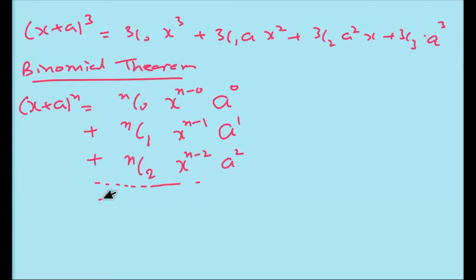Now we can write a general term, plus ncr x to the power n minus r a to the power r, and the last term is ncn x to the power n minus n, which means 0. Here you can see the power of x is 0, so we can write a to the power n. Now you can see the power of a is increasing and the power of x is decreasing. So this is the binomial theorem.